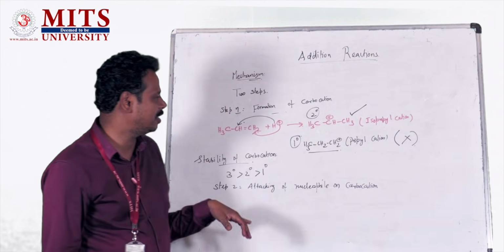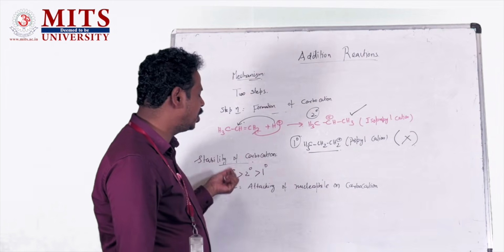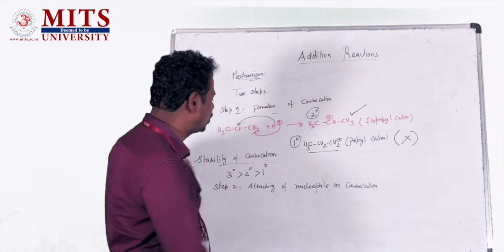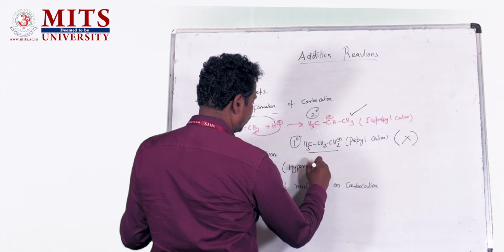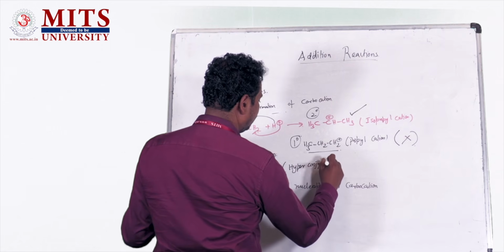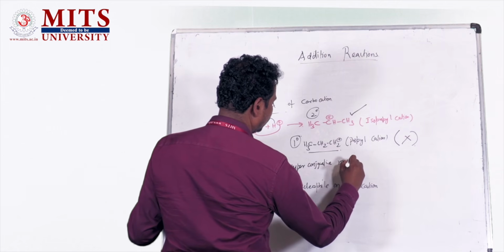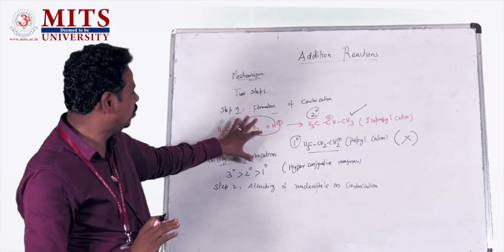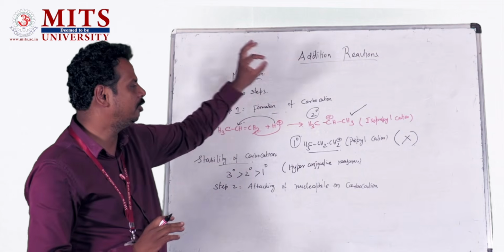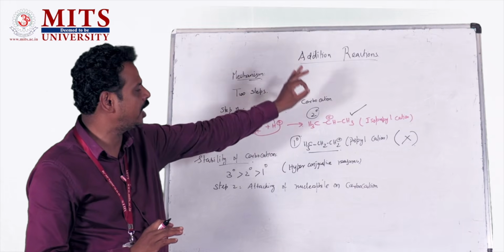I hope you understand. Okay, so why is tertiary the most stable? Because of hyperconjugative resonance, otherwise called no bond resonance. So from step 1, the isopropyl cation is formed.